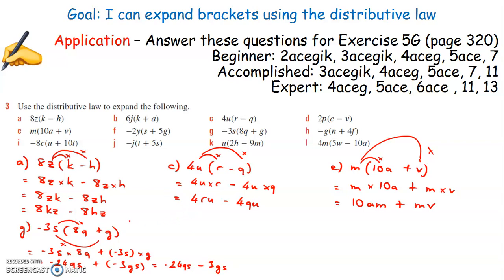All right, next one. Next one we have I, and I'm probably going to cheat with some space here. I know it doesn't look very nice, but I'm running out of space on this slide. Negative 8c bracket u plus 10t.